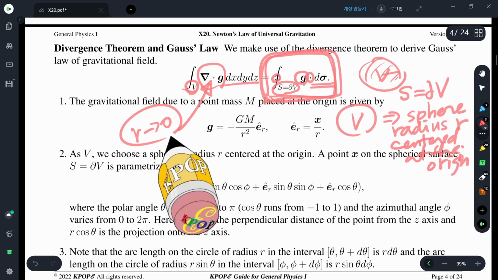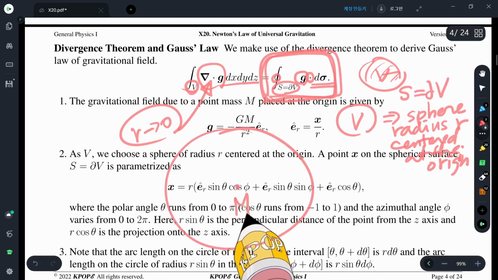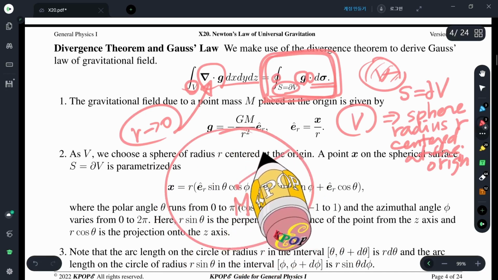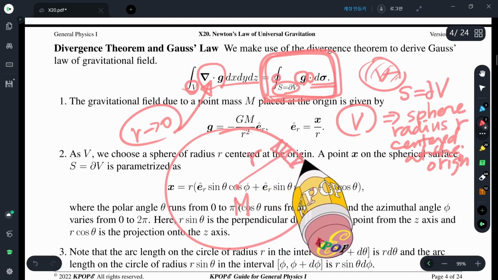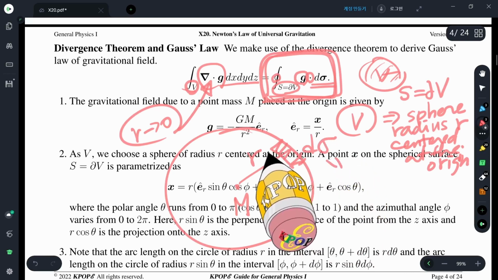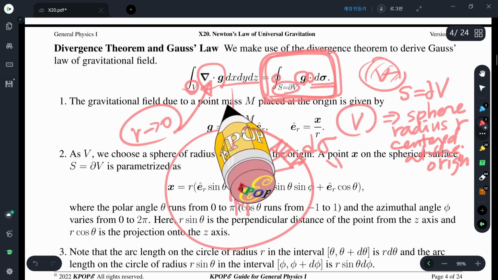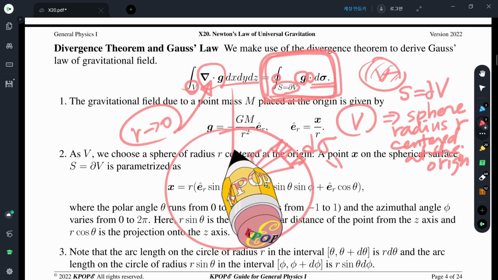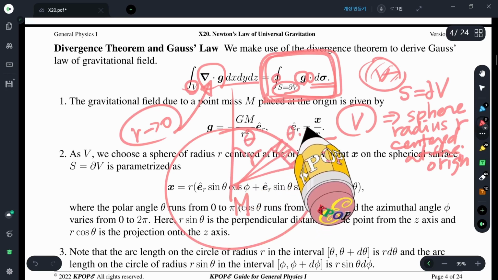If it is the case, there's a sphere, mass M is placed in here, we have a radius, and there is a small patch of area element. Area d sigma is used, we can use the spherical polar coordinates to identify the position with theta and phi.